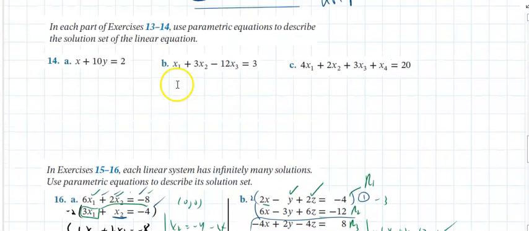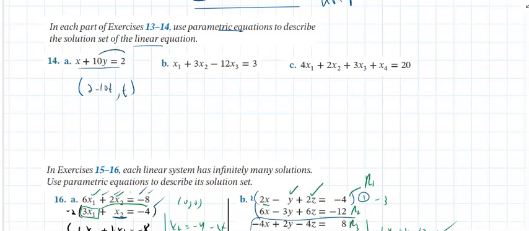Now if I go back to what they want us to do, they're saying parametrics describe the linear set, right? Say this is an equation. If I let y equal t, and it's your choice, wouldn't that mean x equals 2 minus 10t? And what's t? T could be any number.